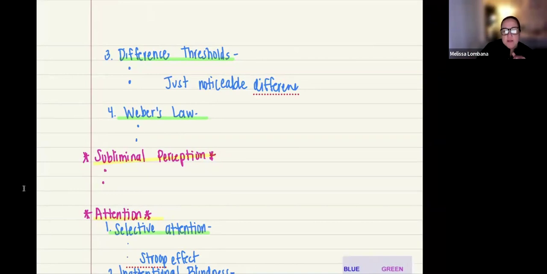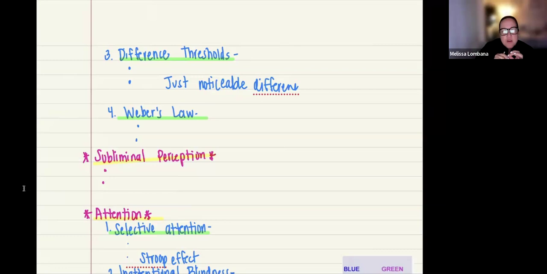So for instance, let's say I am making powdered lemonade, and I start with the recommended amount. Then I try it, but it doesn't taste quite right. So then I start adding a little bit until I notice that slight difference.